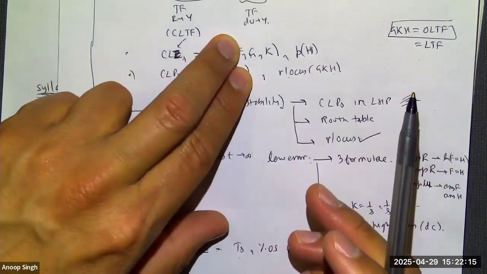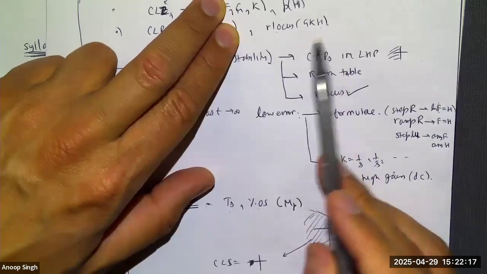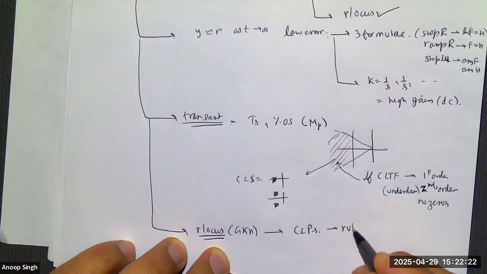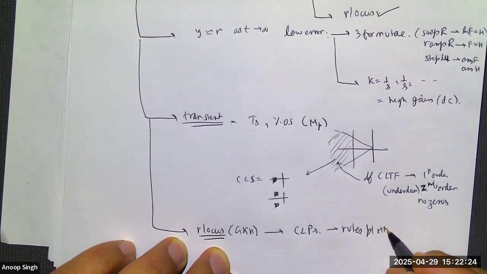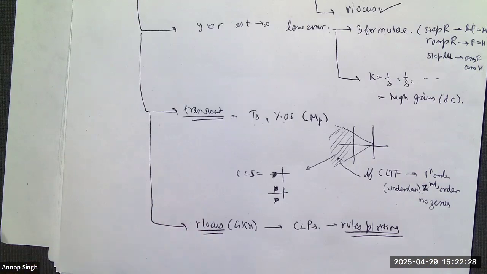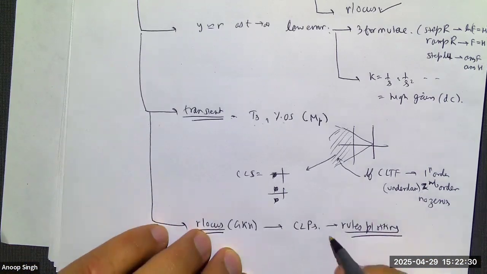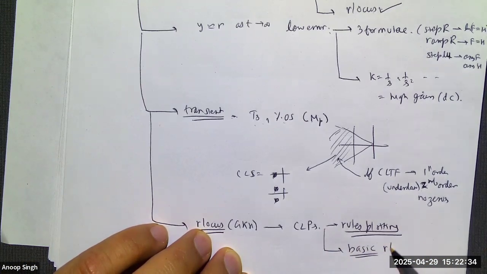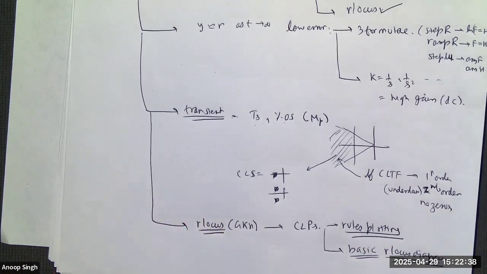So the prefilter directly affects the closed loop system, but root locus gives you the main closed loop poles. We talked about the rules for plotting, and I'm going to request you to review them. But most important is to remember those basic root locus diagrams, because that's where the intuition for controller design comes from.